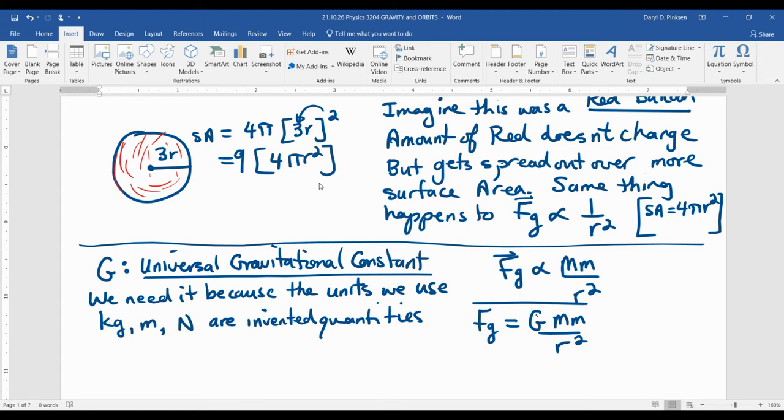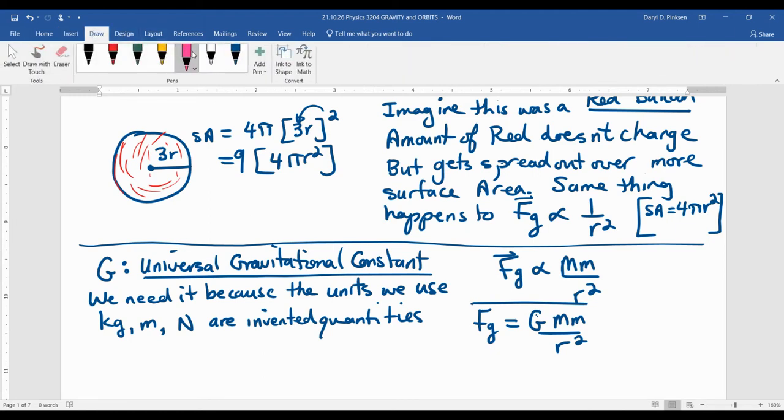This makes the units correspond to each other. This makes what's happening on the right-hand side turn into newtons. They're invented quantities, and so the G makes them correspond.